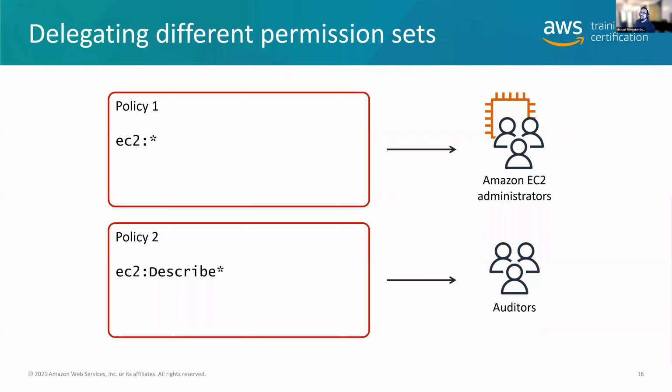Let me correct that. It is whatever is the most restrictive. If someone explicitly denies you from something, you will never be allowed to do that thing until that deny is removed. So explicit denies always trump explicit allows. By the way, if we don't attach policies to a user, they have no permissions. They've got nothing. That's not very useful.